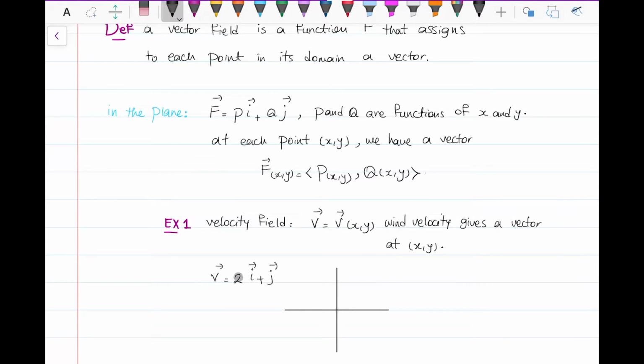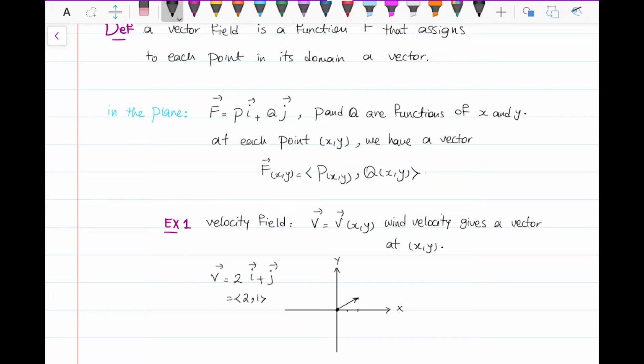The first coordinate is 2, the second coordinate is 1. At every point, basically, we have the constant vector (2, 1). For example, at the origin, we have the vector (2, 1).